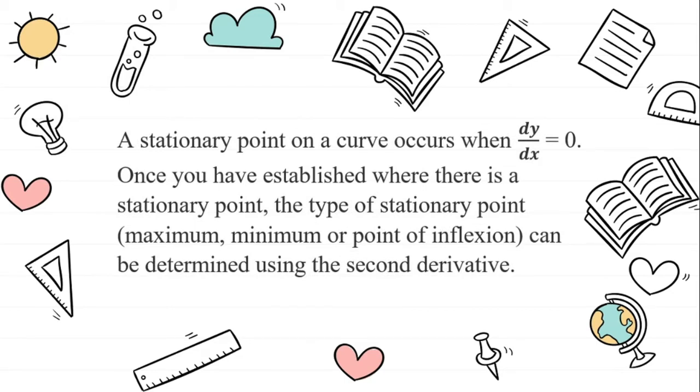A stationary point on a curve occurs when dy per dx equals 0. Once you have established where there is a stationary point, the type of stationary point, maximum, minimum, or point of inflection, can be determined using the second derivative.